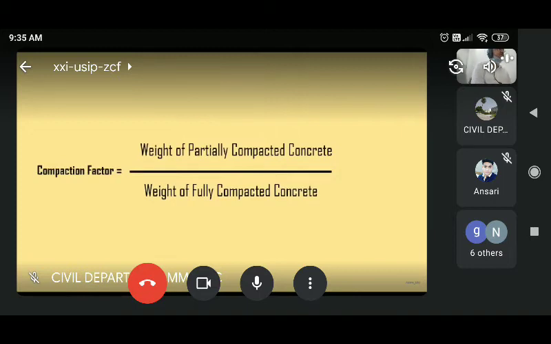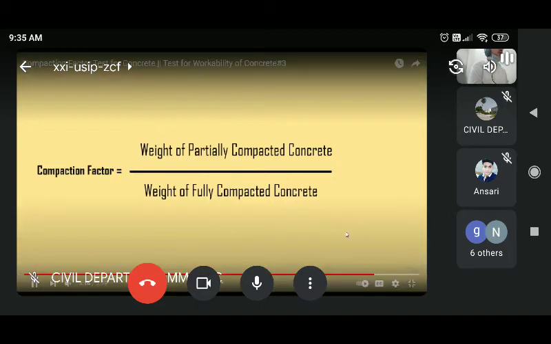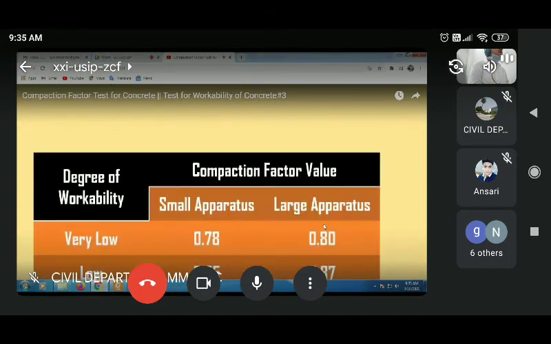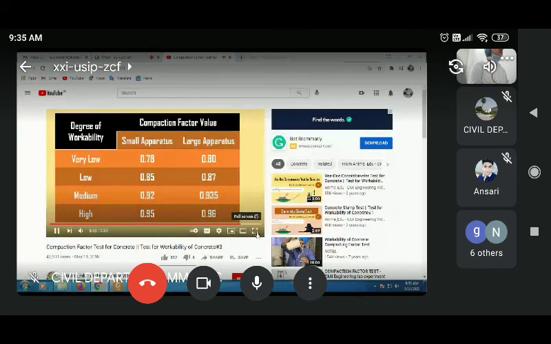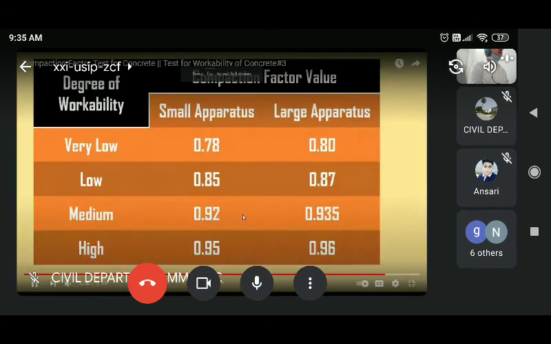The ratio of the weight of partially compacted concrete to the weight of fully compacted concrete is the compaction factor. This indicates the degree of workability. The degree of workability can be determined by knowing the compaction value, for small apparatus and large apparatus.